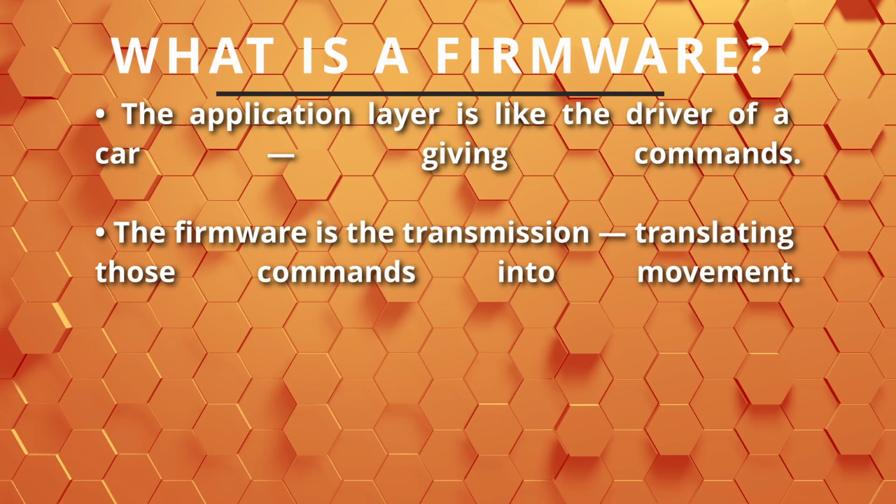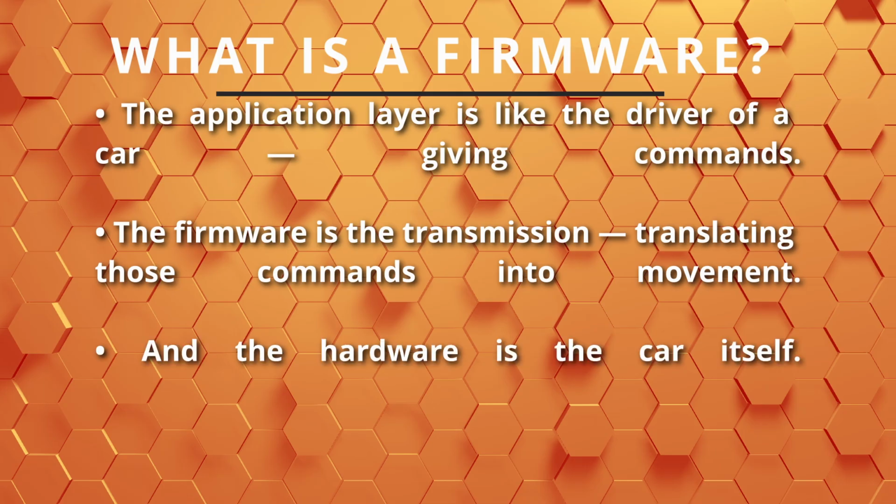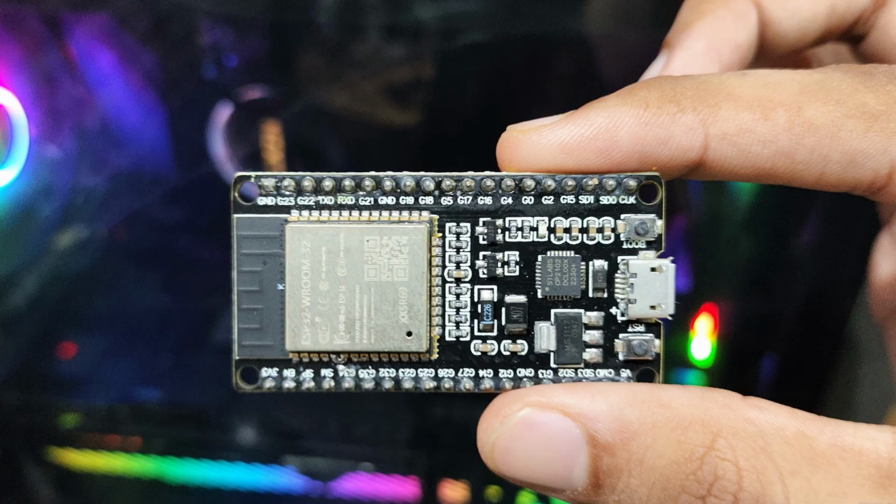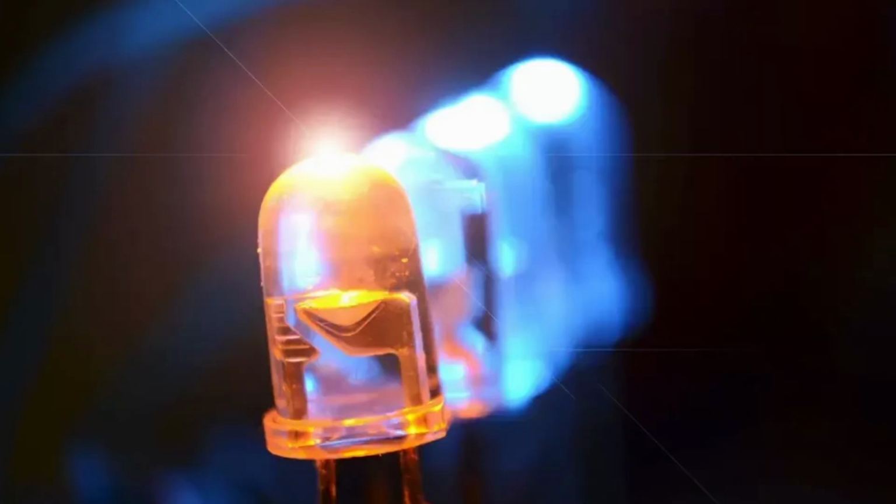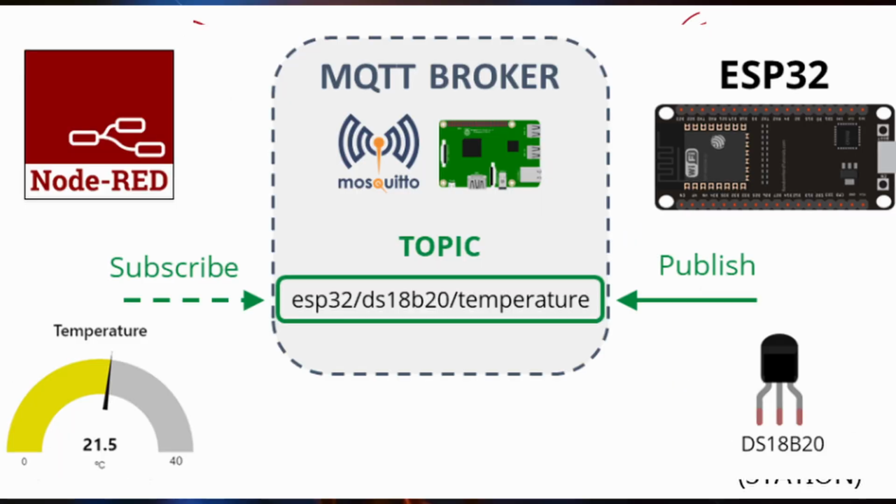The firmware is the transmission, translating those commands into movement. And the hardware is the car itself. In the case of ESP32, firmware decides how the hardware behaves when your software runs, whether it's turning on an LED, connecting to Wi-Fi, or publishing data over MQTT.